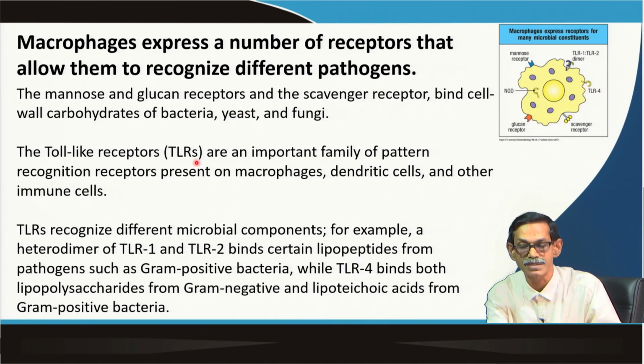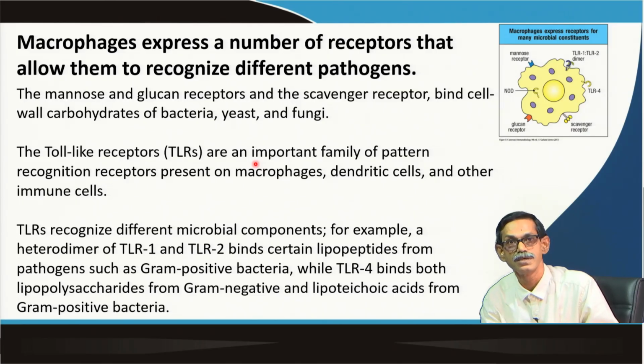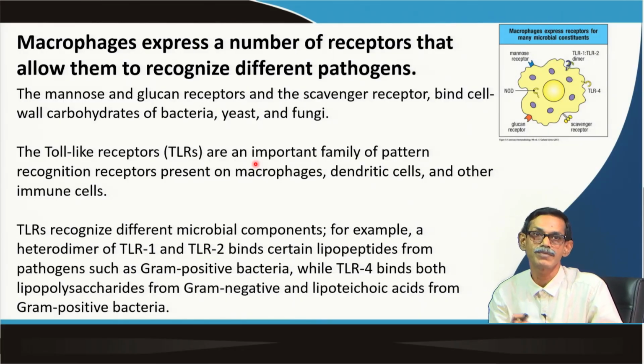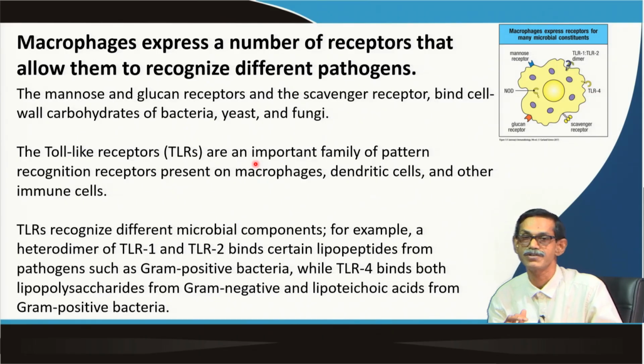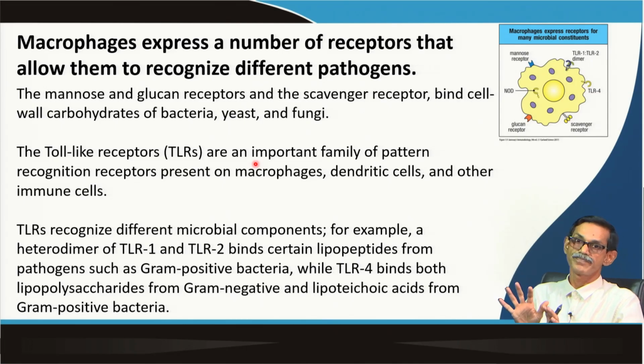The toll-like receptors, the TLRs, are an important family of pattern recognition receptors present on macrophages, dendritic cells and other immune cells. The TLRs recognize different microbial components. For example, the heterodimer of TLR1 and TLR2 binds certain lipopeptides from pathogens such as gram positive bacteria, while TLR4 binds both lipopolysaccharides from gram negative bacteria and lipoteichoic acid from gram positive bacteria, which are not present in our own cells, right?